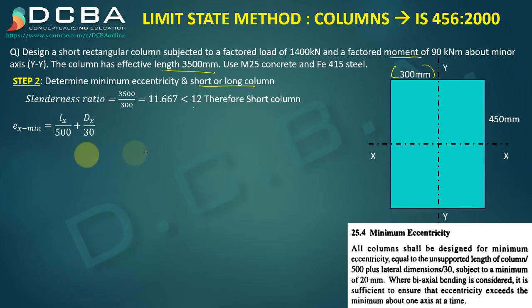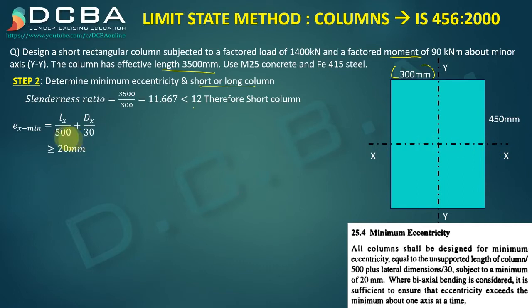So ex minimum according to this clause is lx upon 500 plus dx by 30. Correct? So ex minimum means that this eccentricity is going to lie on this xx axis.